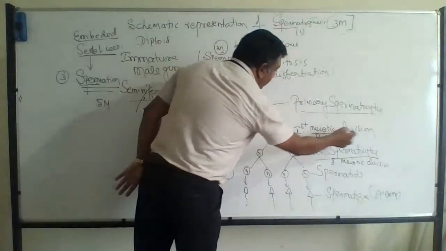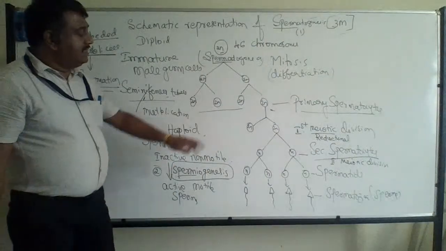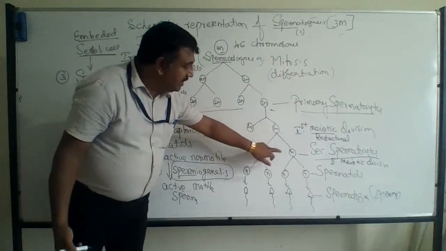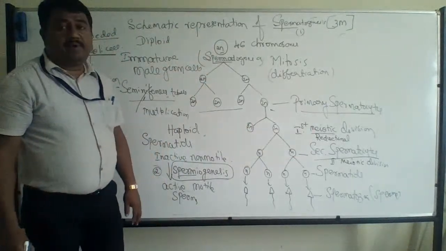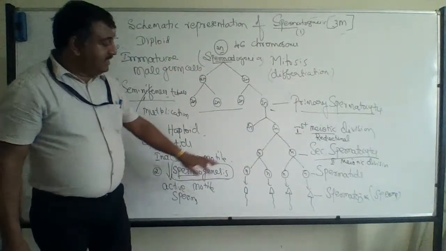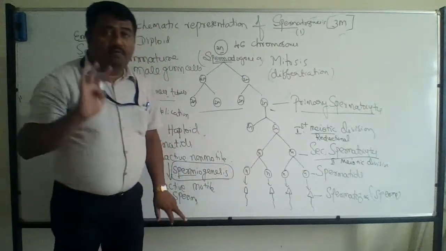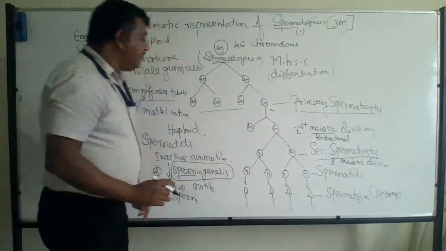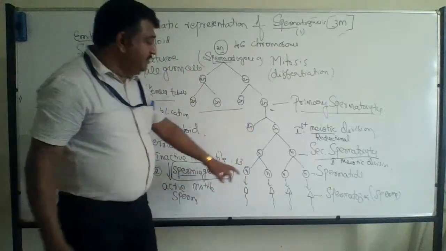It undergoes the first meiotic division. It's a reductional division that leads the diploid cell into the haploid secondary spermatocyte. The haploid secondary spermatocyte undergoes the second meiotic division, which results in 4 haploid cells, all having an equal number of chromosomes, let's say 23.